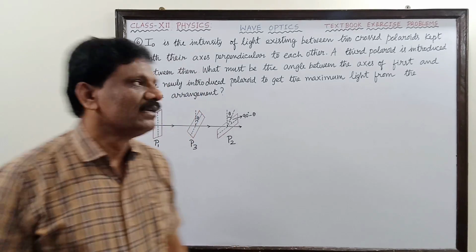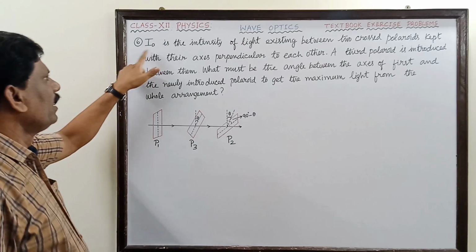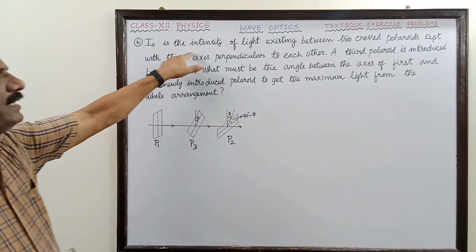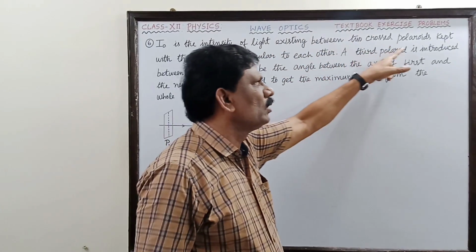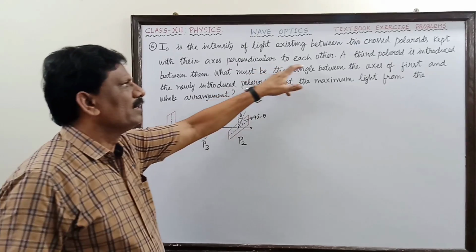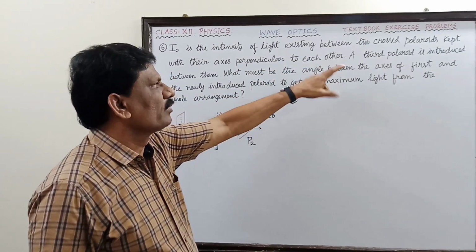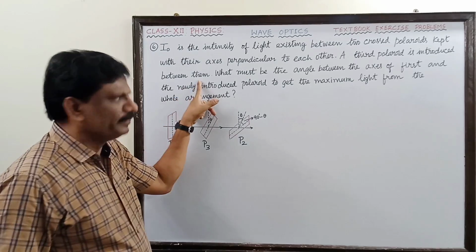Hi students, textbook exercise problem number 6. I0 is the intensity of light emerging between two crossed Polaroids kept with their axes perpendicular to each other. A third Polaroid is introduced between them.